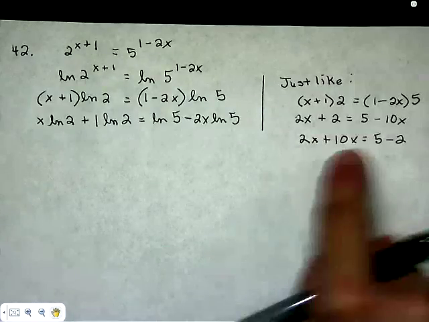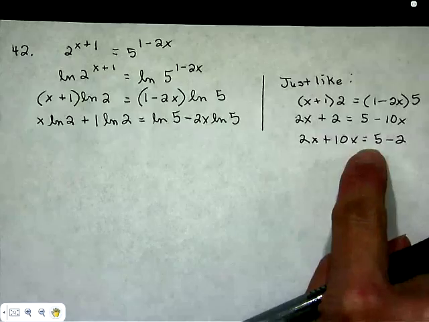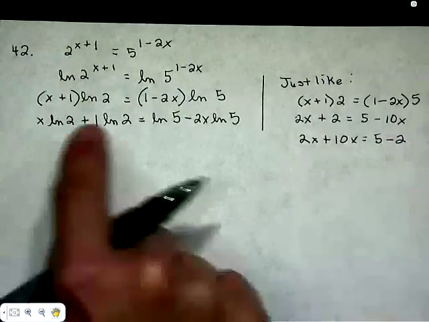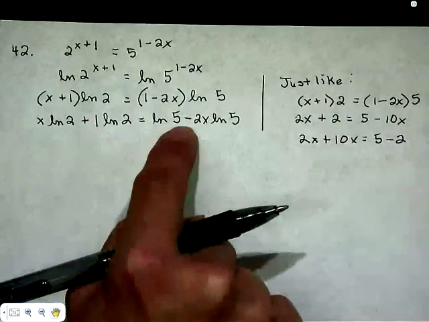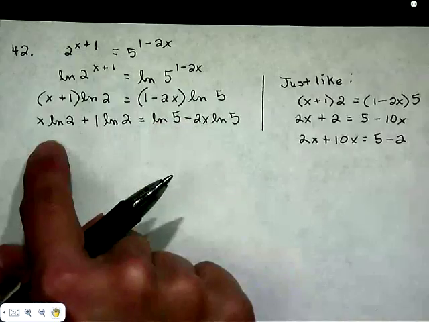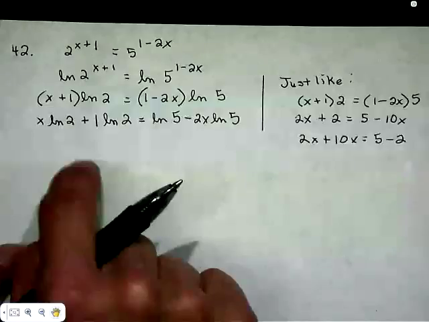In this step, the thing I was saying to myself was get all the terms with an x on one side and all the terms without an x on the other. I'm saying the same thing right here. If I get all the terms with the x on the left-hand side, what would I have to move?